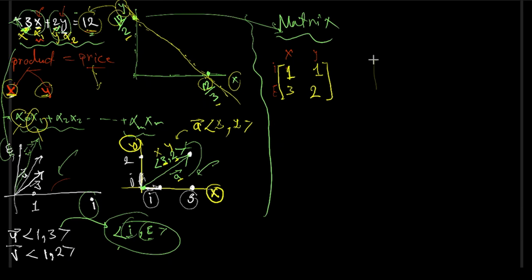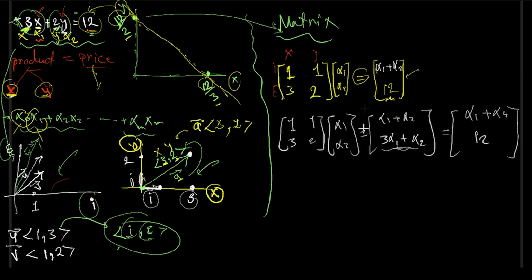The right-hand side of the equation looks like this, multiplied by a vector of alpha 1 and alpha 2. So the value here will be some alpha 1 plus some alpha 2. Another way to look at this: alpha 1 is multiplied by this vector of 1 and 3, scaling this vector 1 and 3, plus alpha 2 scales the 1 and 2 by some value.